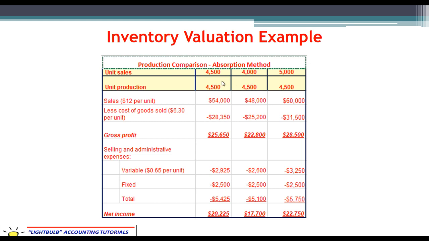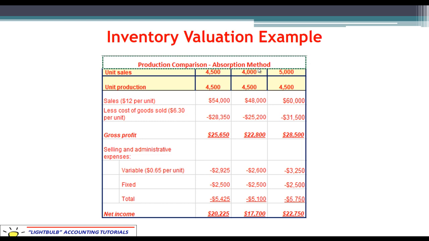Now, in that case, all of our fixed overhead was eventually converted to cost of goods sold because we sold everything we produced. But now let's say the next period we still produce 4,500 units, but now we only sell 4,000 units.